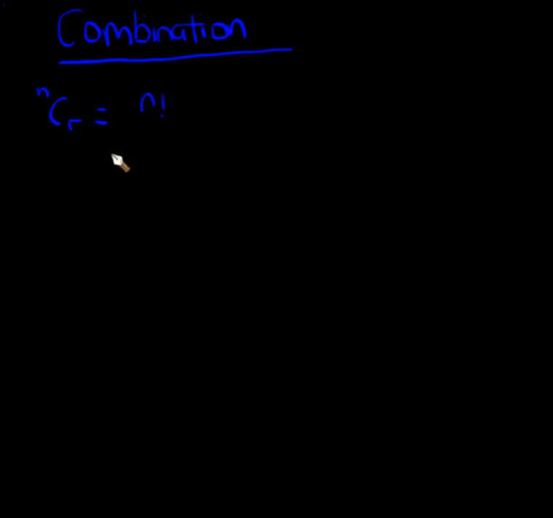That is why we had to study factorial first before moving on to combination and then to the binomial theorem itself. n factorial all over n minus r factorial. So we take the difference between n and r and find the factorial, multiplied by r factorial. This would be the general formula for the combination.